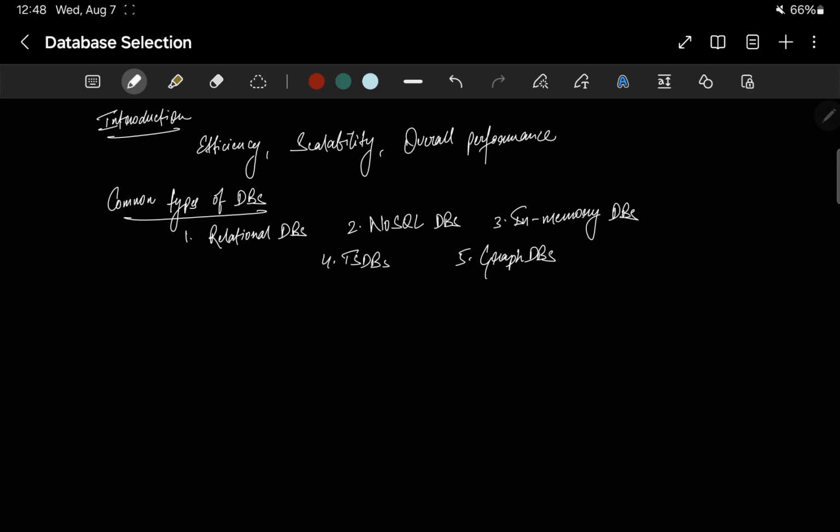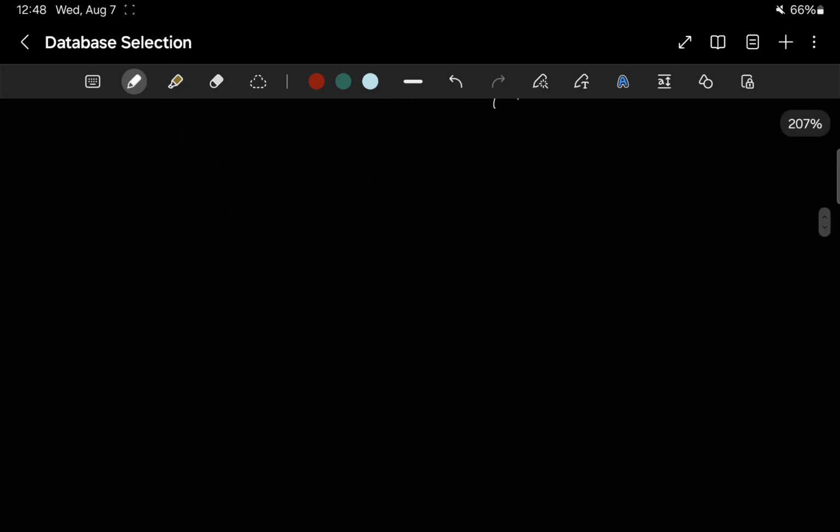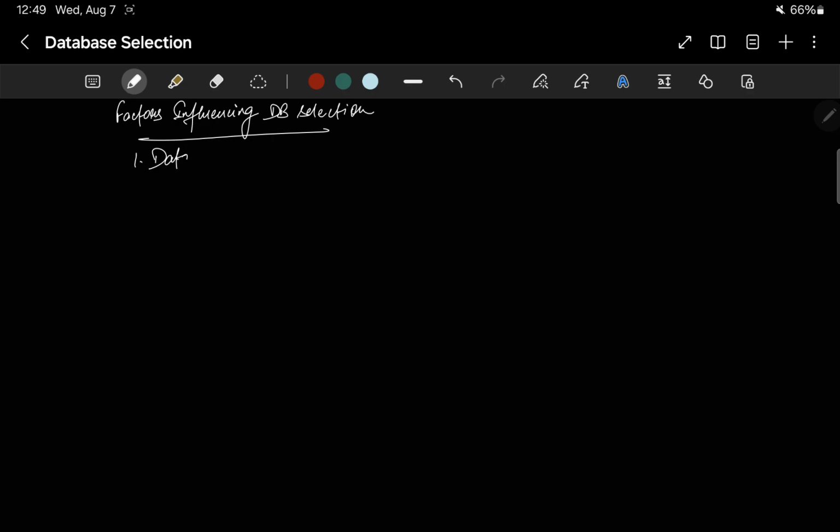Now let's see what are the factors which influence our selection of database. First is data model.